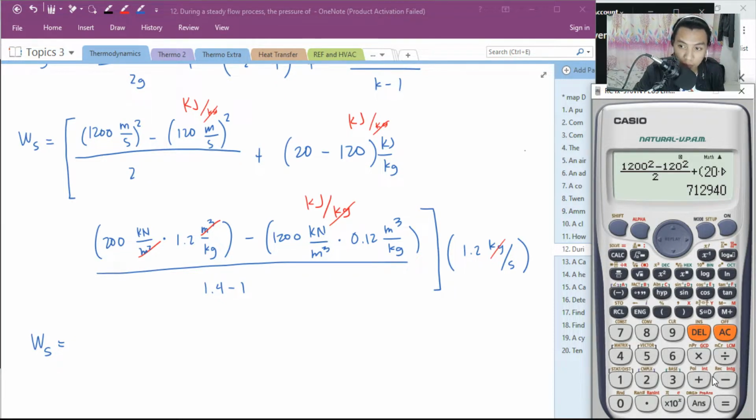Tama ba? Ba't naging ganun? To 120 kilojoule. Kilonewton. Okay, meter cube per kilogram. Tama naman.